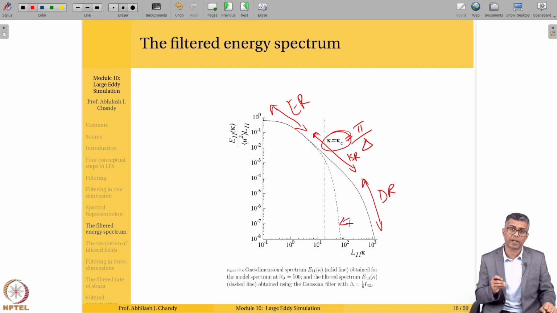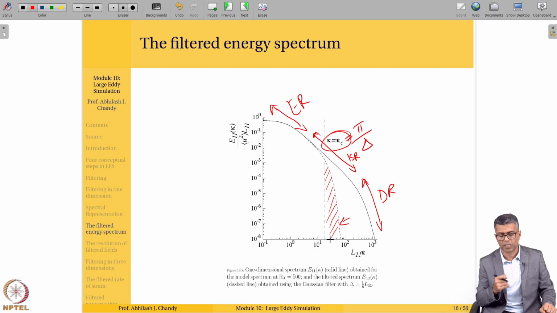Now, the sharp spectral filter removes, annihilates, destroys all wave numbers greater than kappa c. Here, the filtered energy spectrum is obtained using a Gaussian filter. So then you might ask the question, why is it not dropping down immediately? Why is this tail there?